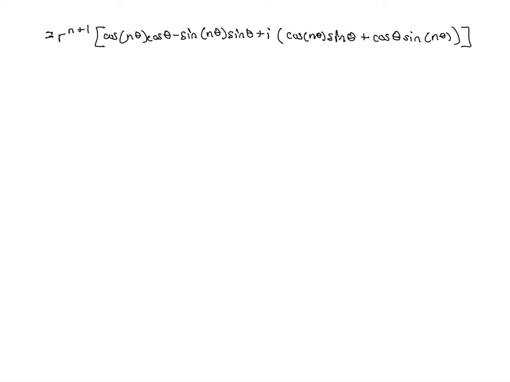So now, once again, you should be able to recognize some trig identities. Here they're going to be different. They're going to be the cosine sum and the sine sum instead of the double angles.